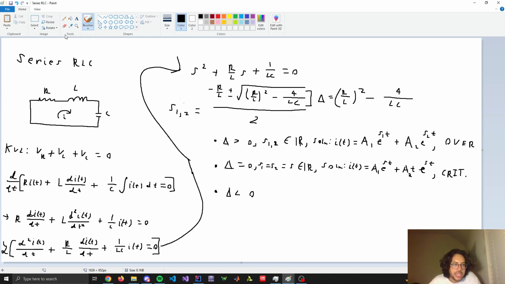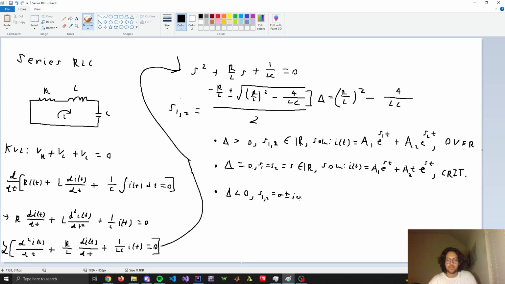And the last case is when things get interesting, because when the discriminant is less than 0, we'll actually have a negative number under the square root. So our pair of natural frequencies are actually complex conjugates. In other words, s1 and 2 belong to the complex numbers. Or actually, I'll just say s1 and 2 equals sigma plus minus j omega.